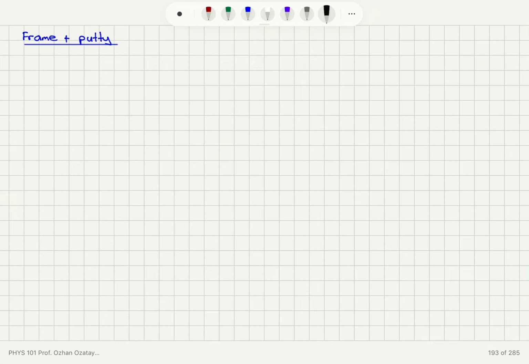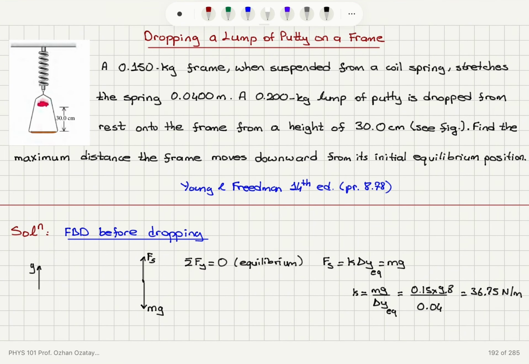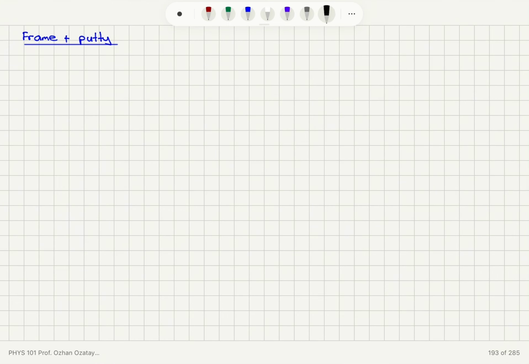In this system, during the time of the collision, because I have an equilibrium situation here, as this is hitting the frame, the external force on the system is 0 at the time of the collision.